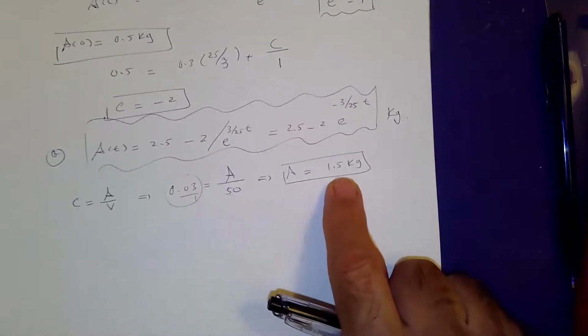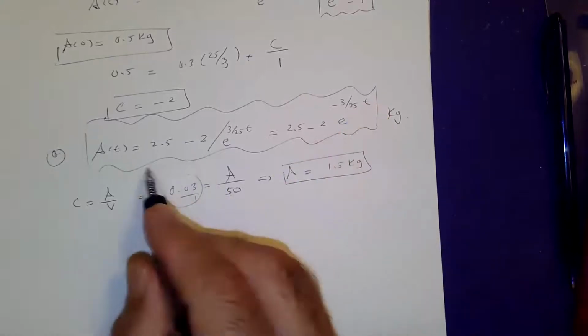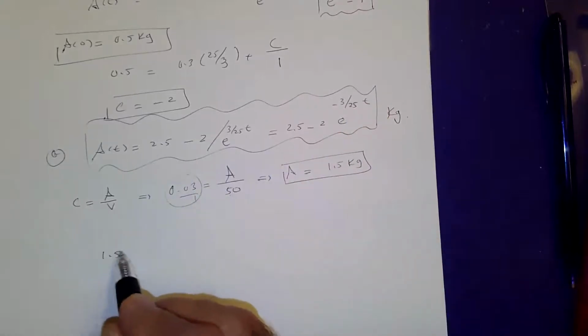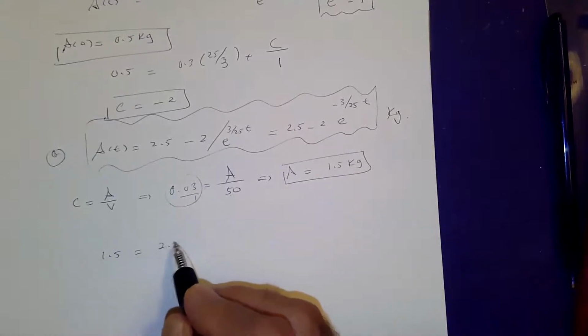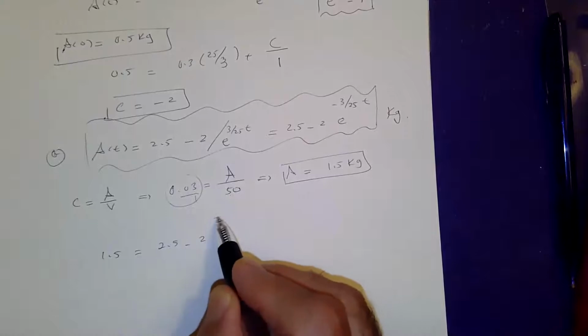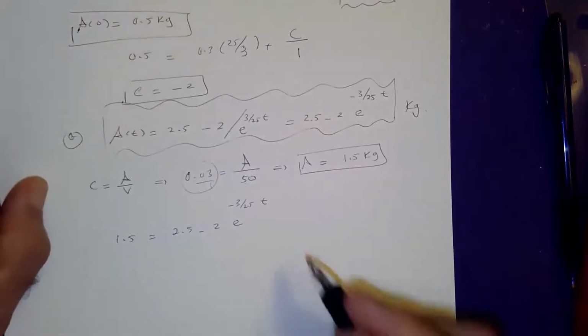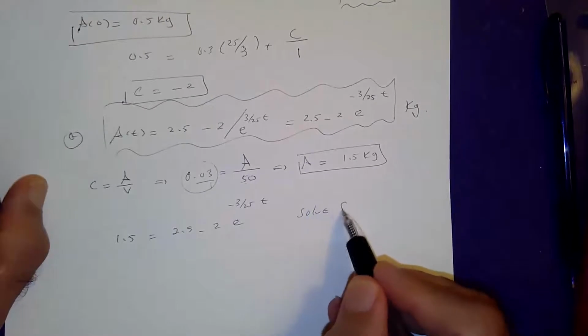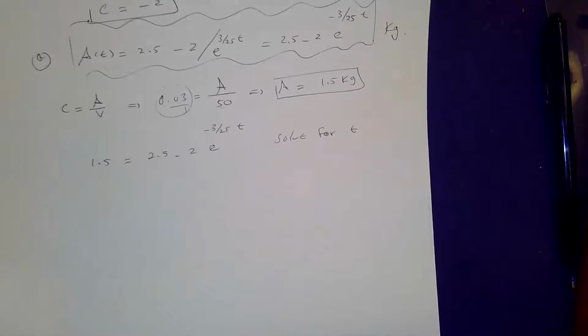So for this amount, the question is find the time. So what do I do? I go back to the equation, replace the A with 1.5 kilogram, and then 2.5 minus 2 e to the power of -3 over 25t. So my job is now to solve for t, which is the amount of time. Do you see it?